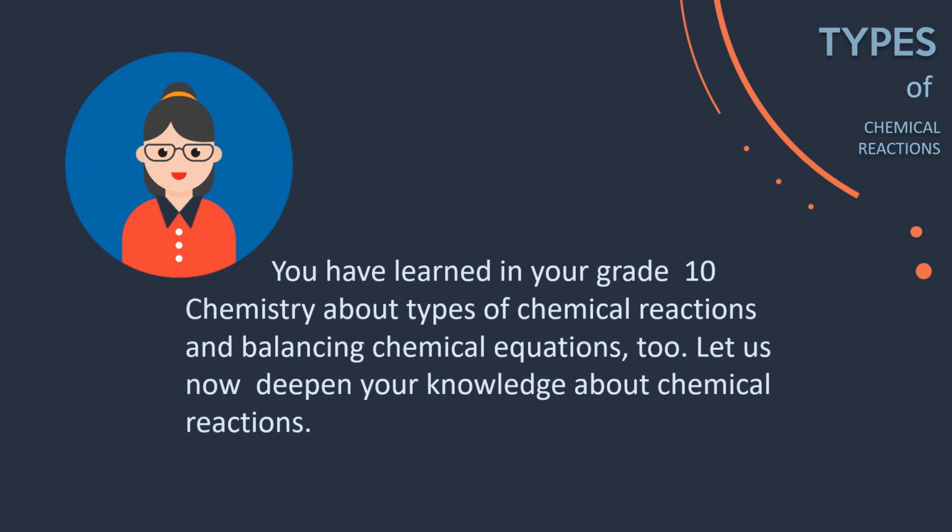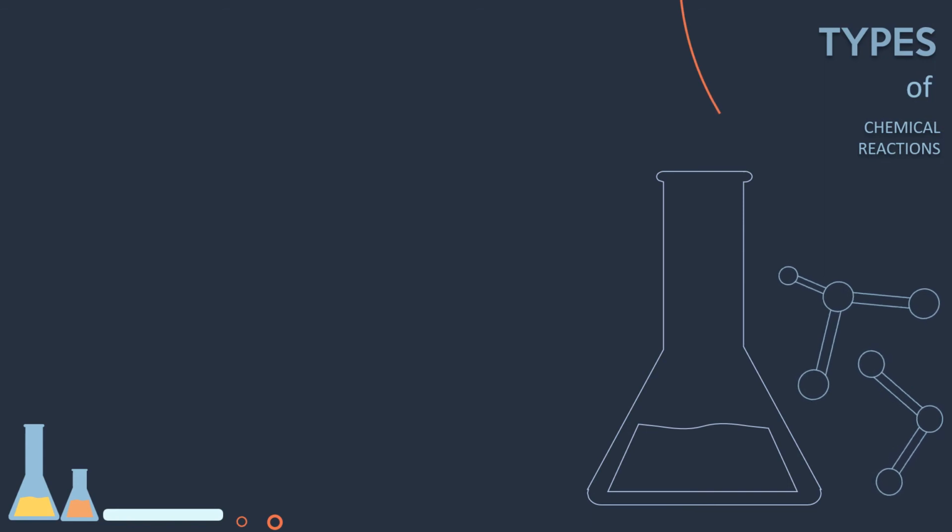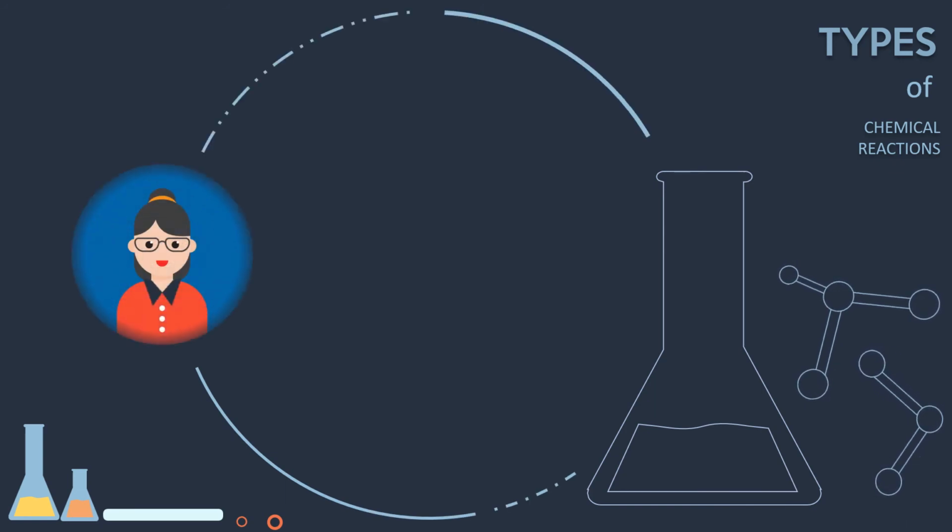You have learned in your Grade 10 chemistry about types of chemical reactions and balancing chemical equations too. Let us now deepen your knowledge about chemical reactions. Countless changes happen in many things around us. These changes involve chemical reactions.